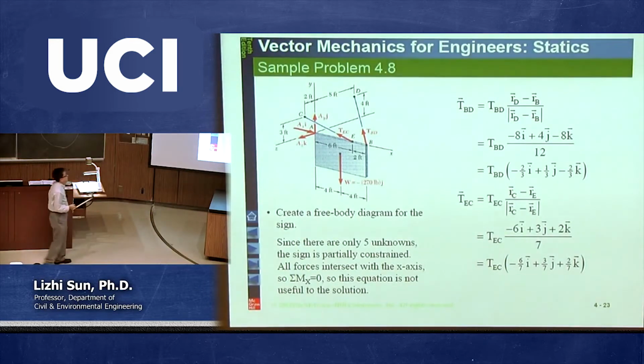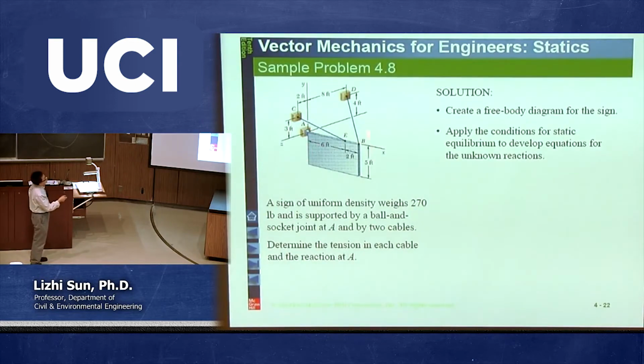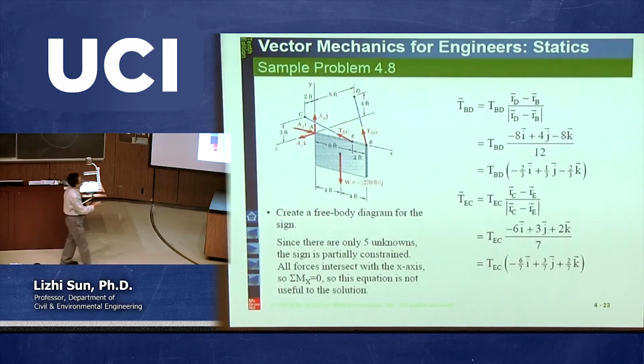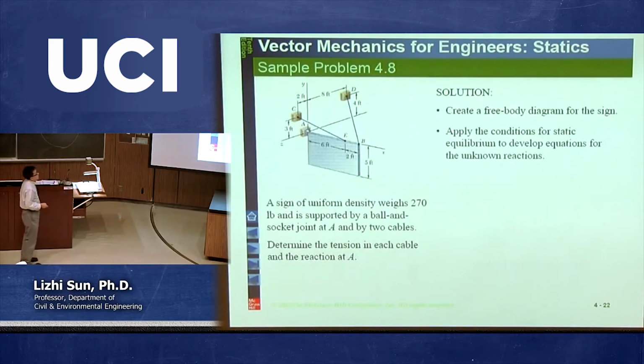That's the self-weight. Also, this rigid body is supported at point A. This is called a simple three-dimensional pin support, or the ball and socket. In other words, you need to have these three reactions: AX, AY, and AZ. These are the unknowns, so leave them there. Finally, we have two cables.